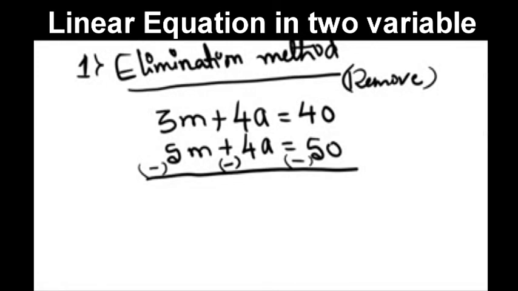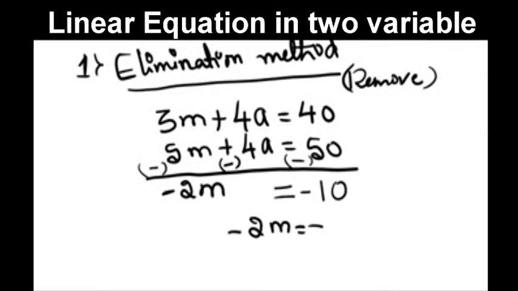So 3m minus 5m, the bigger value is 5, so we get minus 2m. 4a minus 4a is 0, so I'm not going to write it. And 40 minus 50 is minus 10. So the value of m is minus 10 divided by minus 2, which is 5.